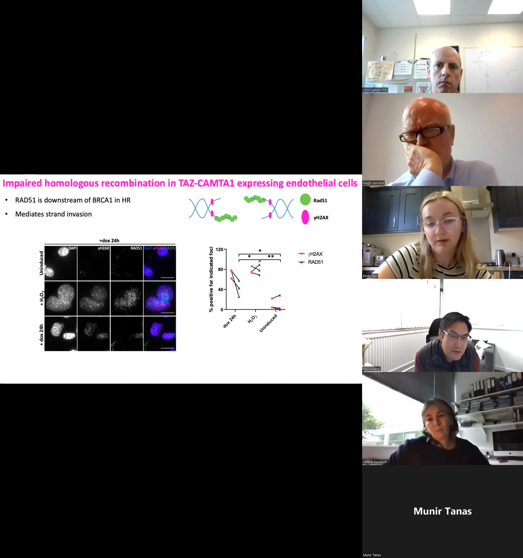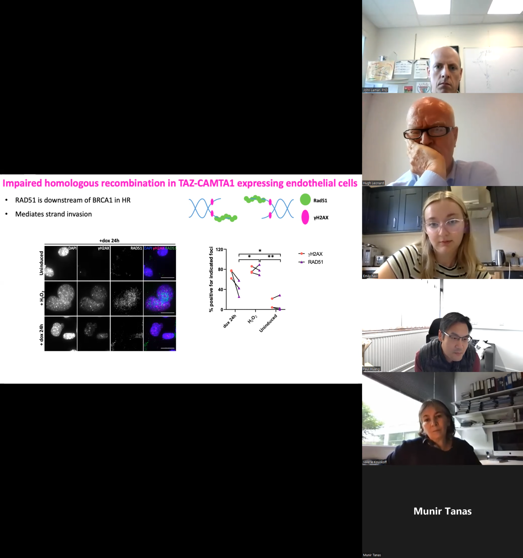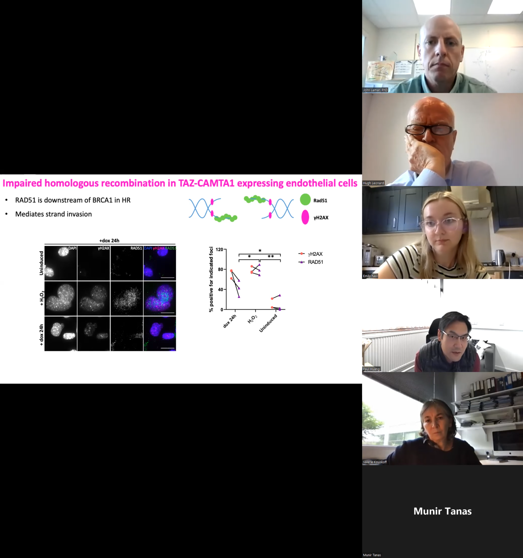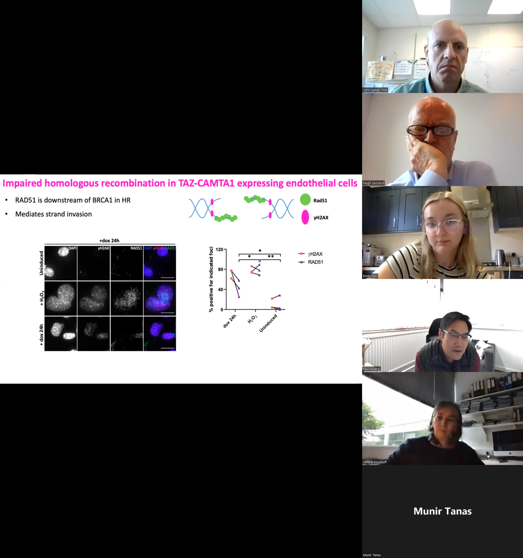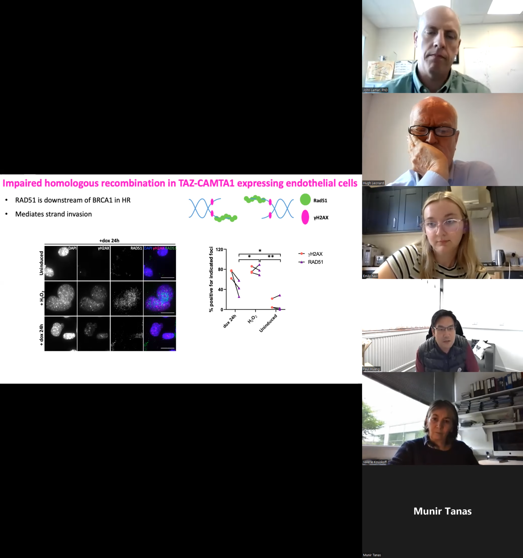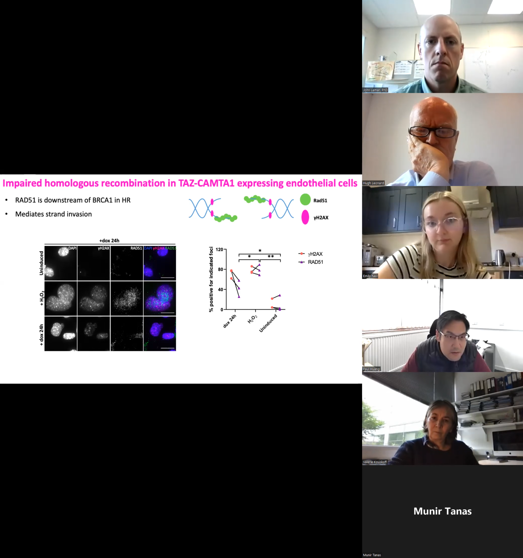So the key thing is that biomarker strategy. I don't think gamma H2AX is what you want to be looking at for a biomarker strategy. It would be RAD51, if I were to hedge my bets, primarily because it's a good BRCA-ness biomarker.